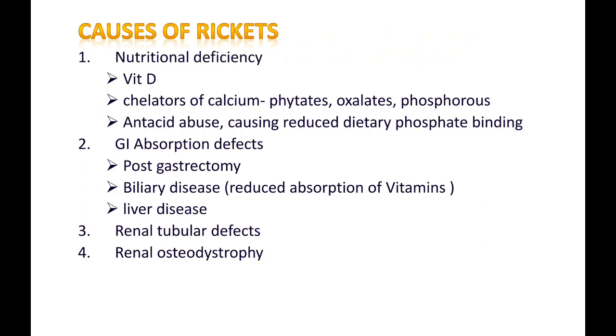So the causes of rickets, we already discussed in vitamin deficiency. Nutritional deficiency, like lesser intake of vitamin D, and any gastrointestinal absorption defects like chelators of calcium, phytates, oxalates and phosphorus, and antacid abuse that leads to reduced dietary phosphate binding and also calcium binding.